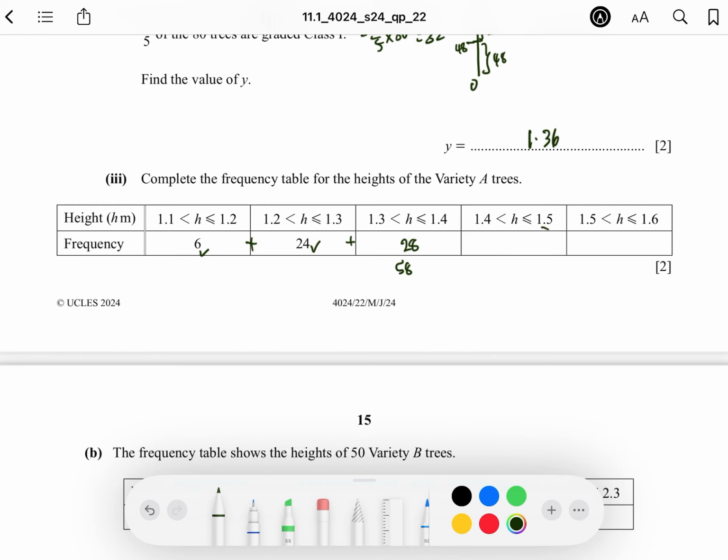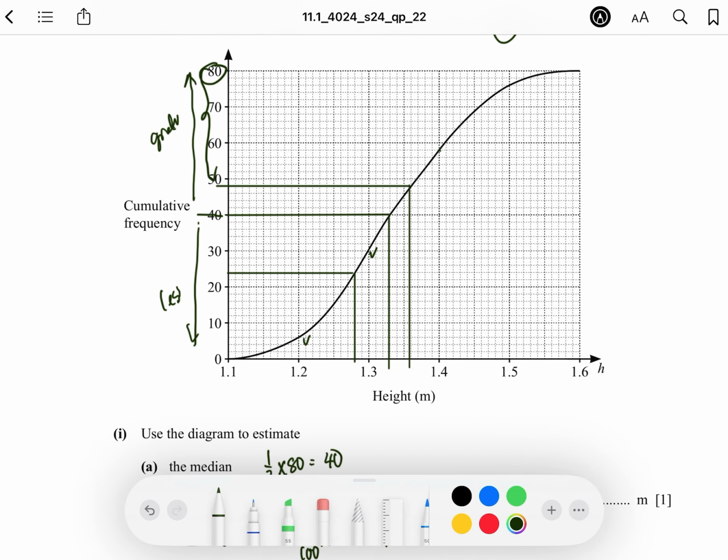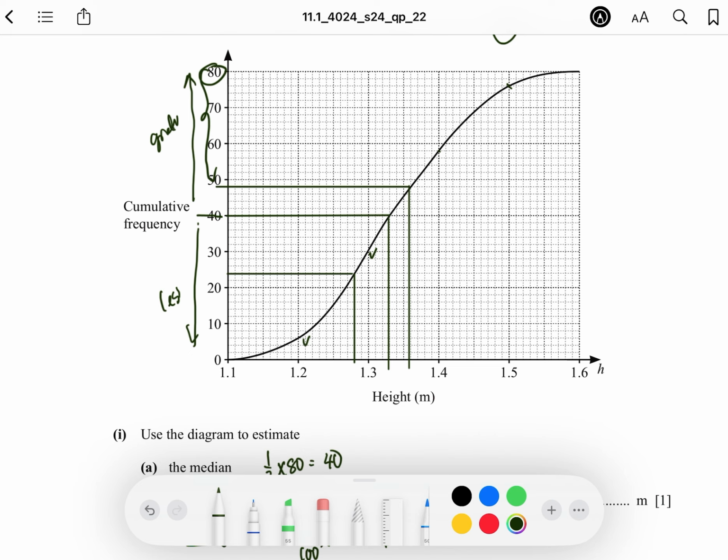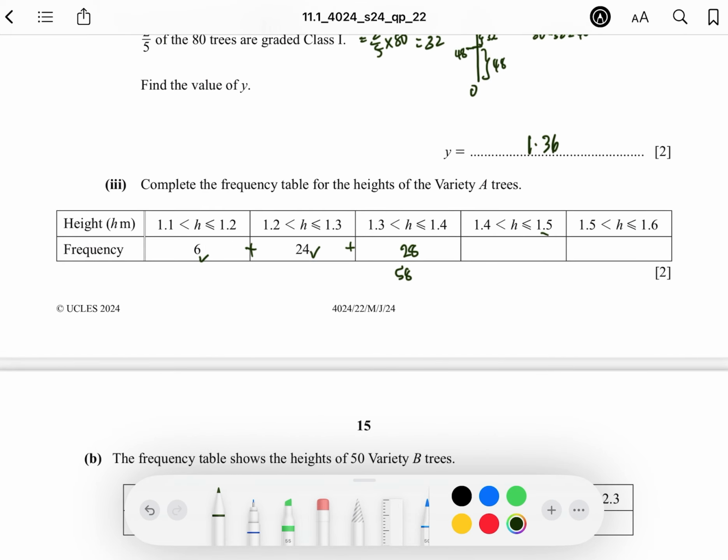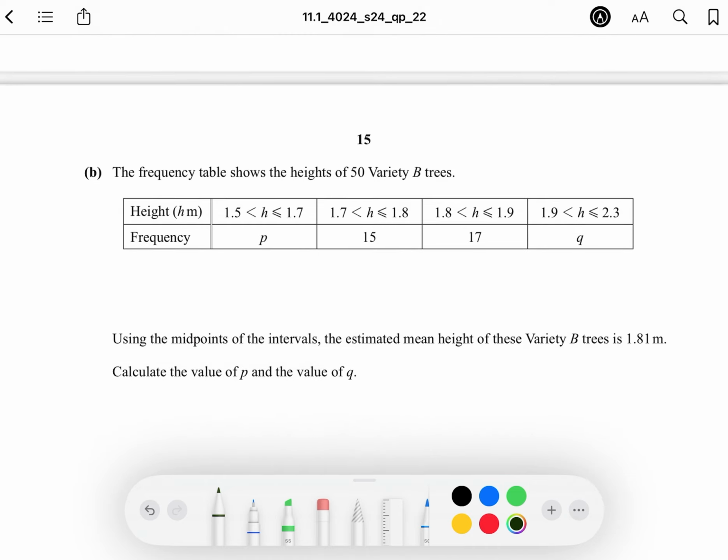And you look again at 1.5, that is 76. That means 6 plus 24 plus 28 plus what number to get 76, which is 18. And then the last one is 80. That means it's 4. You can double check. The sum of this one should equal 80 as well, because total frequency is given as 80.